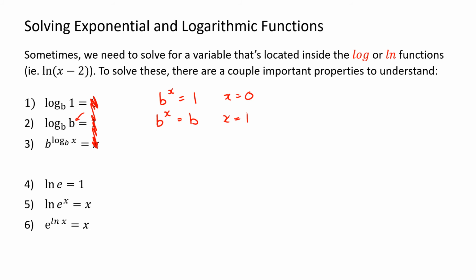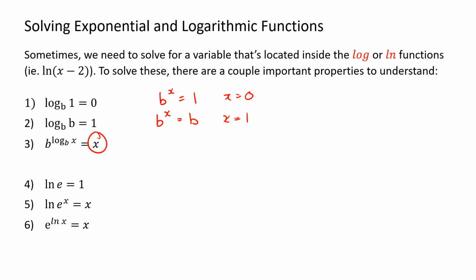The last one, I won't show you the proof for this one. The reason is because it's log base b to the exponent of the log of x to the same base. Keep in mind the base here needs to be the same. So the base here is b, and the base of the log function is b. In that case, it's just equal to x.